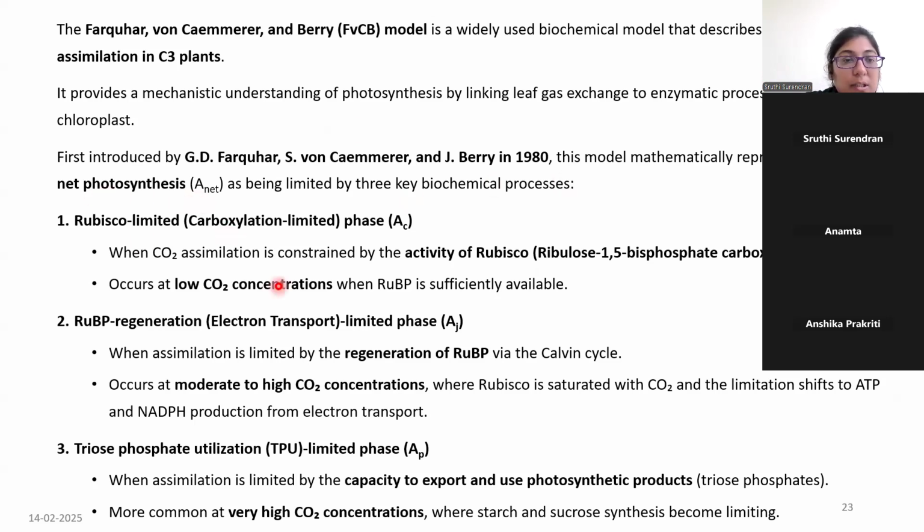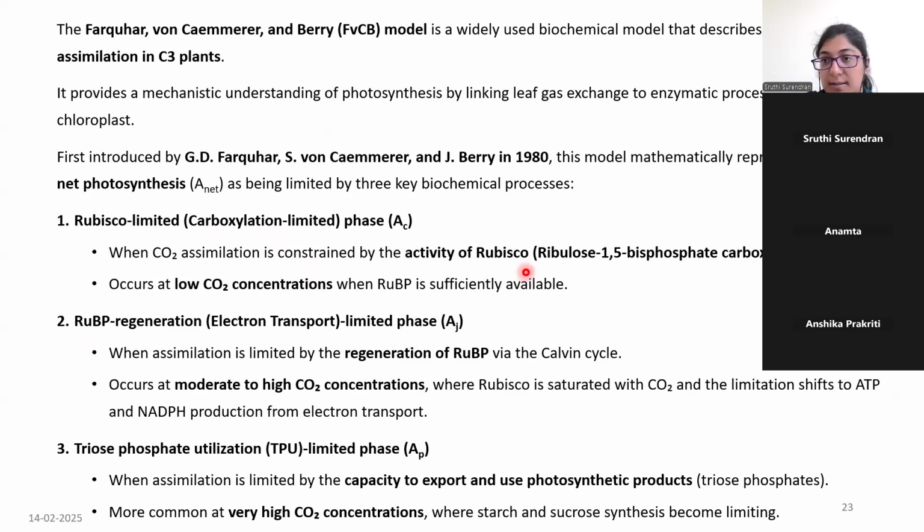And this net photosynthetic rate is governed by three biochemical processes: the Rubisco limited phase, the RuBP regeneration limited phase, and the triose phosphate utilization limited phase. The Rubisco limited phase is nothing but the carboxylation limited phase, when carbon dioxide assimilation is constrained by the activity of Rubisco.